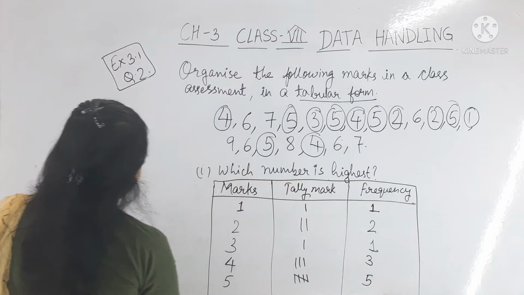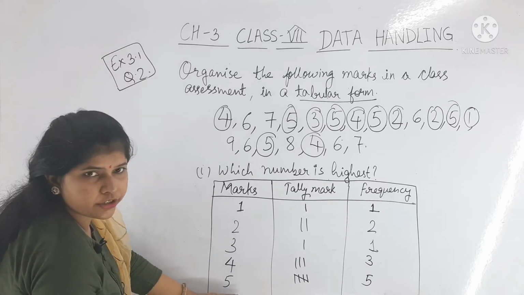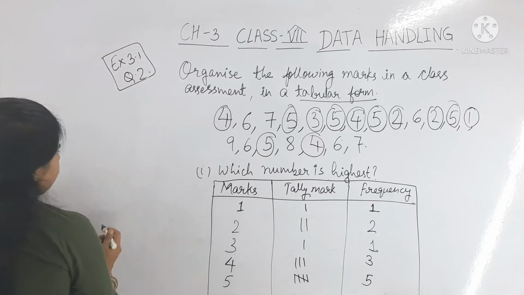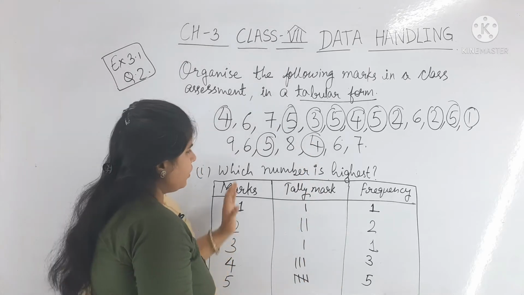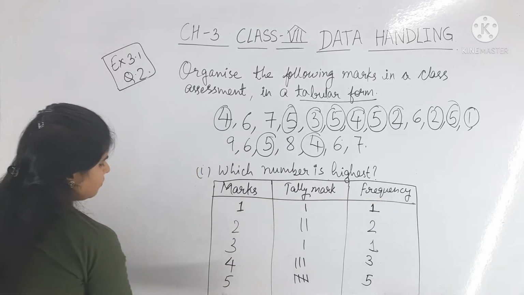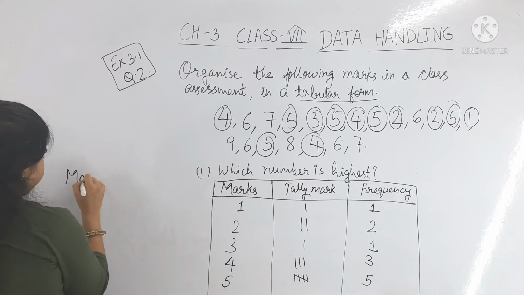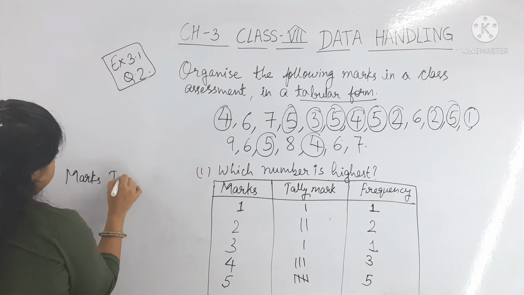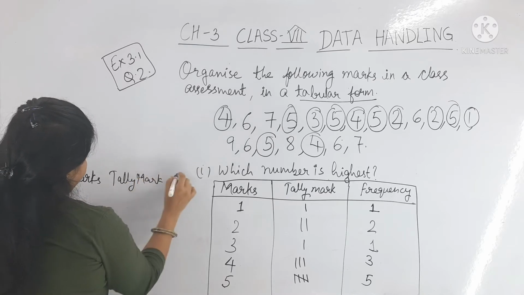Okay, I am making another table. This is the continuation of this one. Okay, you have to draw in your copy in full, but I don't have the space here, so I am drawing this here. Marks, tally mark, frequency.